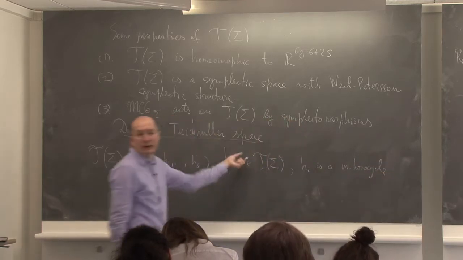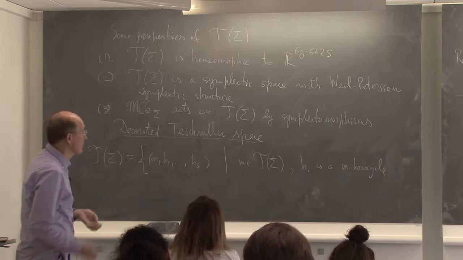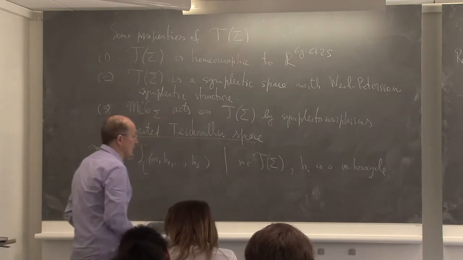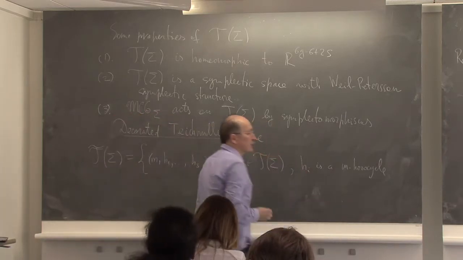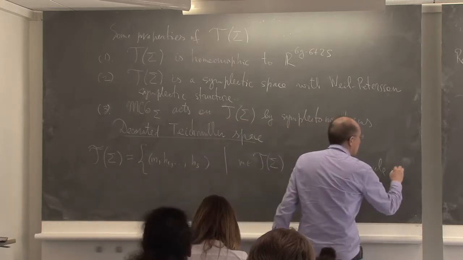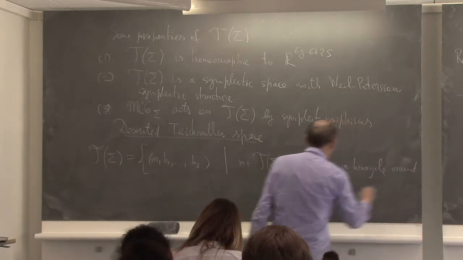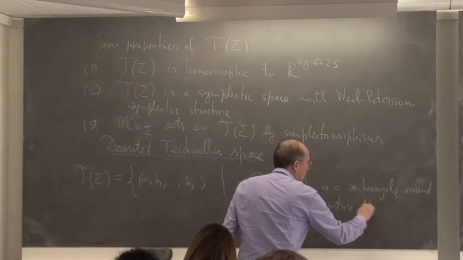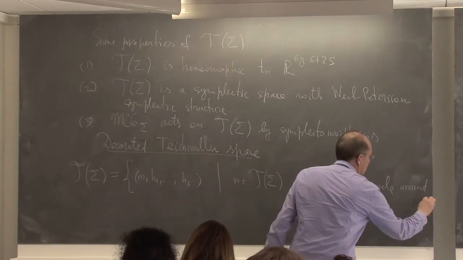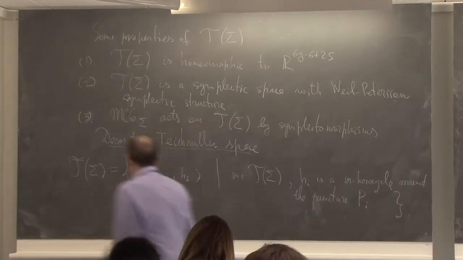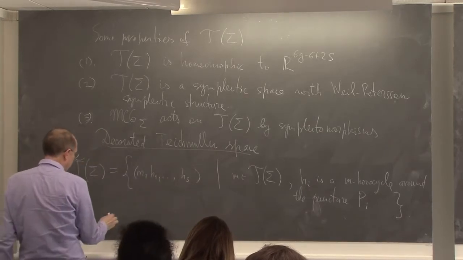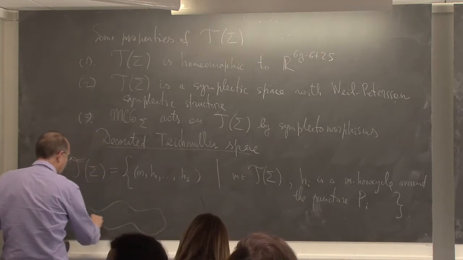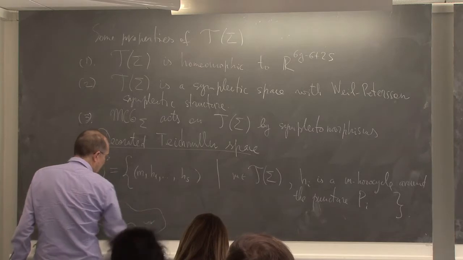So if we pick up a point in the Teichmüller space, we have a hyperbolic surface, and in particular we can talk about the horocycles on that surface. And this hi is the choice of a horocycle around the puncture pi. So we have something like this.